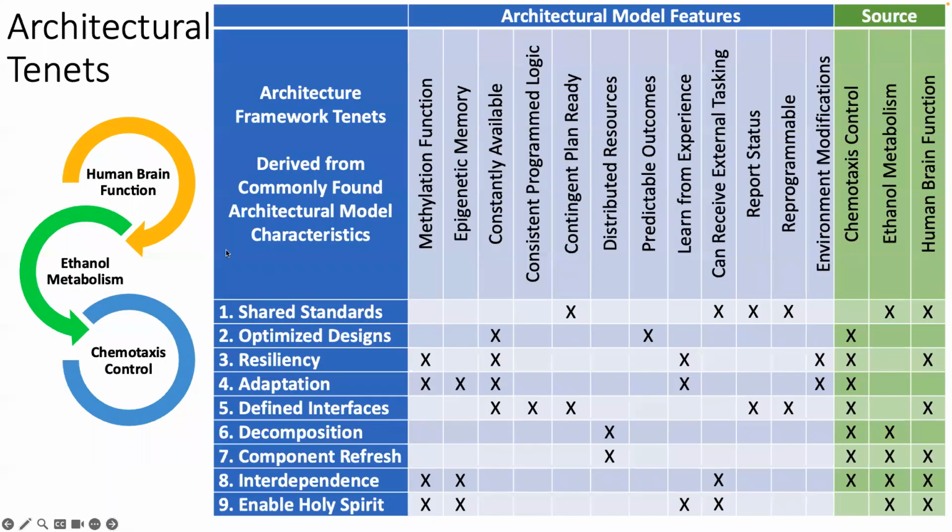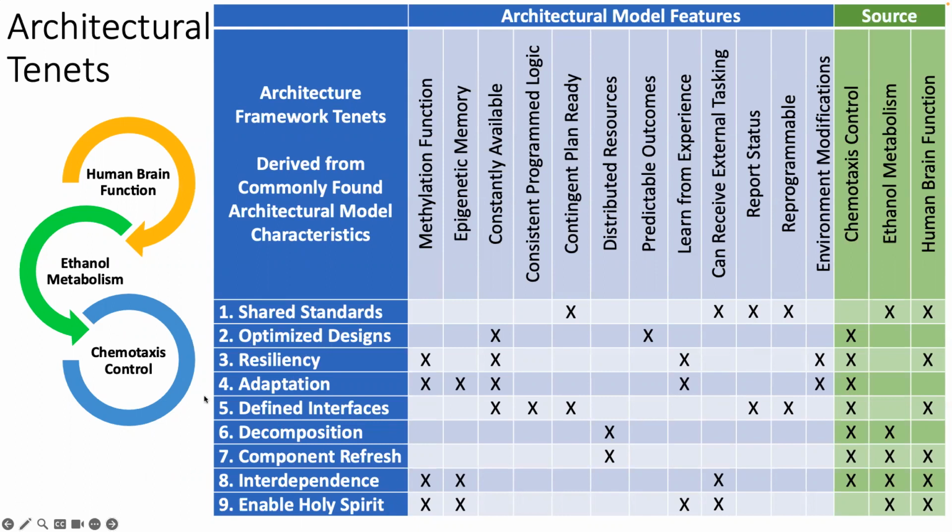With this chart, I'm now looking at these three different types of biological systems, and that's what's labeled over here, these architectural sources. Now what I started to do is look at some of the features that we can be seeing, and where that points out a relationship between these model features and these architectural tenets.